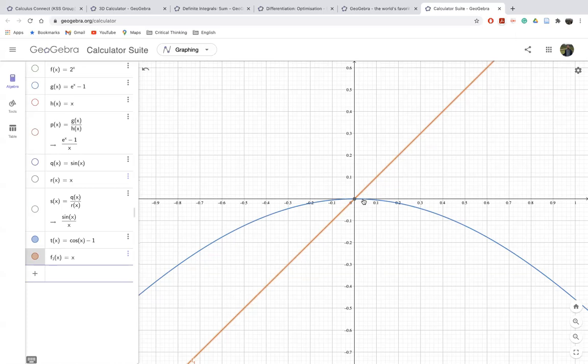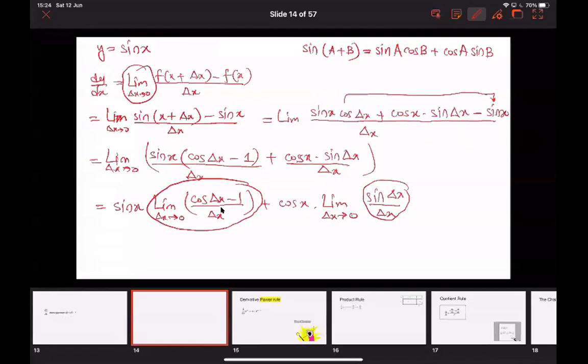Instead, cos x minus 1 goes to 0 much earlier than the y equals x graph, the orange graph. That means the numerator is going to be 0 way faster than delta x goes to 0. So essentially, when delta x goes to 0, this becomes 0 first, and this becomes 0 later, so it becomes something like 0 over something, which is 0.